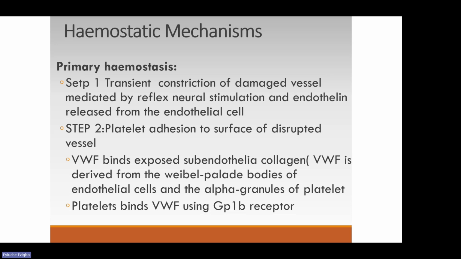For the second step to occur, von Willebrand factor binds exposed subendothelial collagen. We mentioned that the subendothelium contains substances like von Willebrand factor and collagen, and if this subendothelium is exposed, the von Willebrand factor will bind exposed subendothelial collagen.